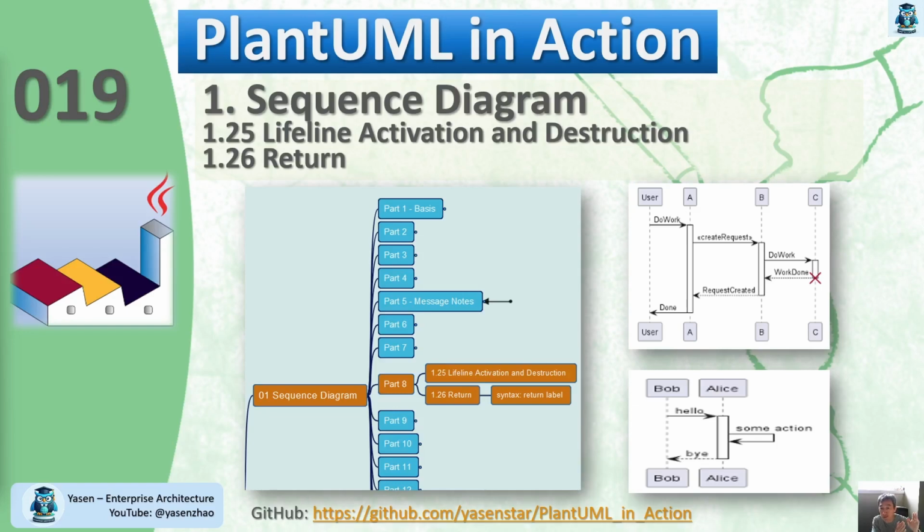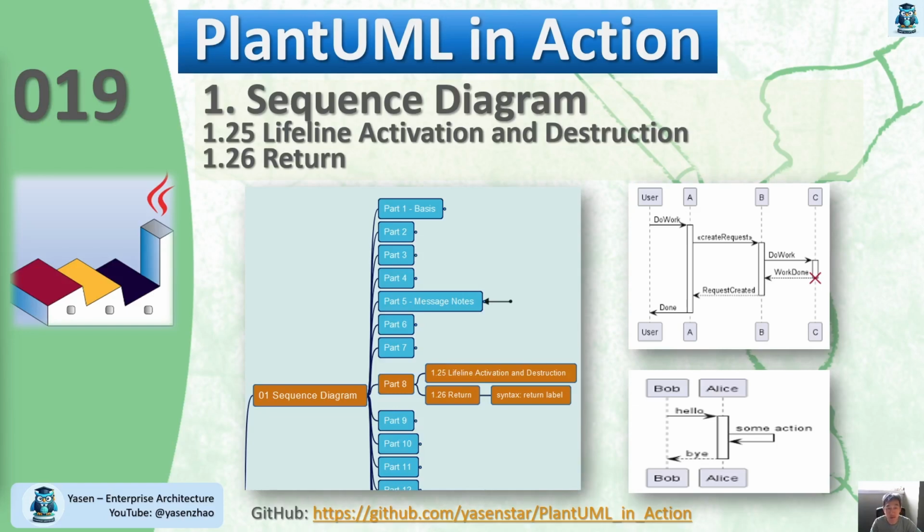If you have A with a message to B, and you use return in this lifeline deactivate context, you can have it automatically return a message from B back to A. So that can sometimes save your time and some code, but return is just a convenient way.